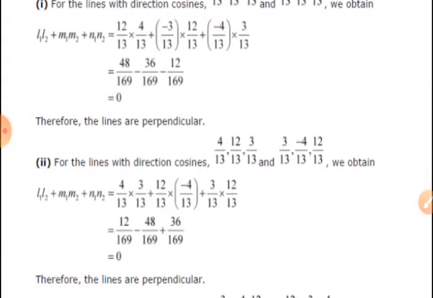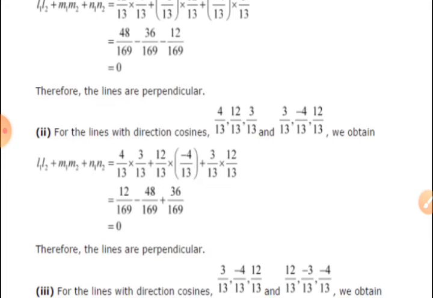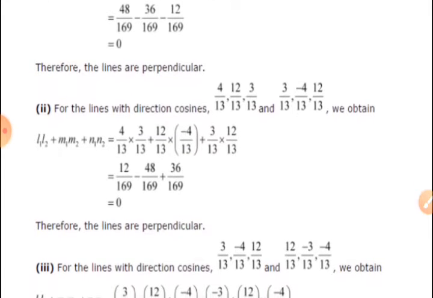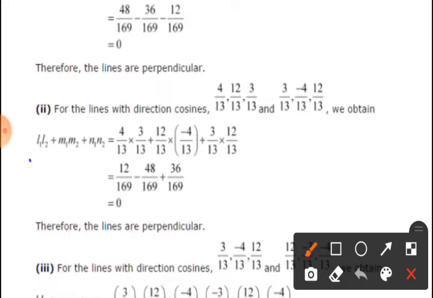Now we are going to check the next direction cosines. For the lines with the direction cosines 4 by 13, 12 by 13, 3 by 13 and 3 by 13, minus 4 by 13, 12 by 13, we obtain l1 l2 plus m1 m2 plus n1 n2, that is 4 by 13 into 3 by 13 plus 12 by 13 into minus 4 by 13 plus 3 by 13 into 12 by 13.